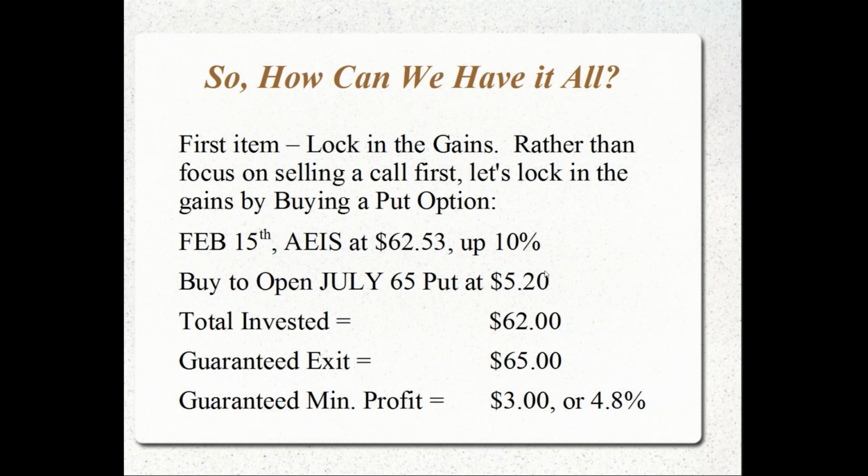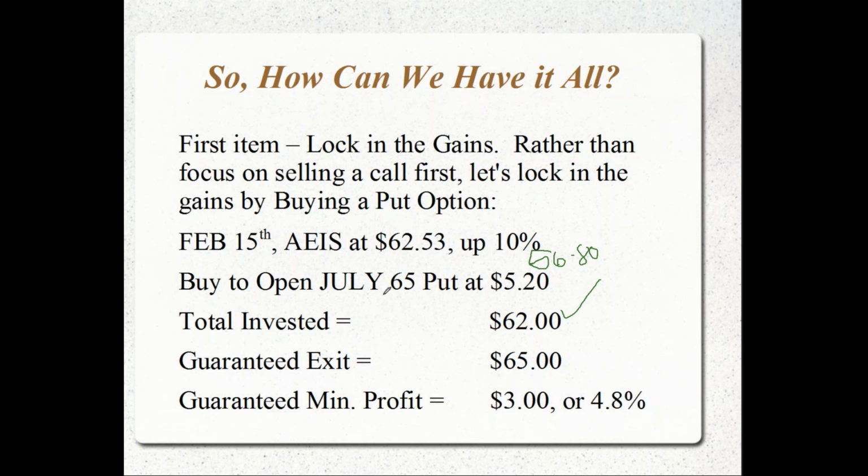But in fact, remember the cost basis on our stock originally was 56.80. So with a cost basis of 56.80 here, and I add in another 520 on the position, my total invested now is $62.